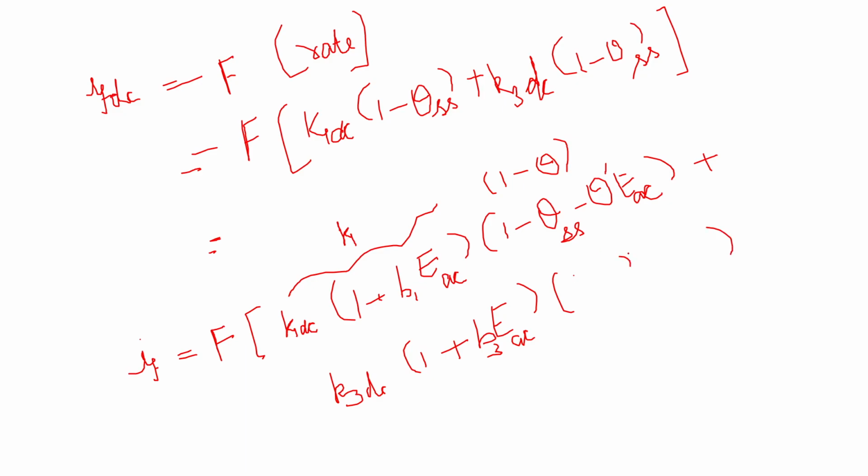Same thing. Any doubt in this? Then you have to substitute the value of theta dash. Before that, you have to find IFAC. Basically, you remove the IFDC and you get IFAC. Then you will find theta dash, then substitute back and you will get the Z equation. Is that clear?